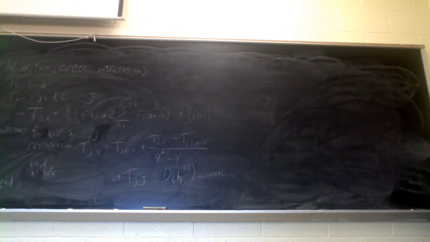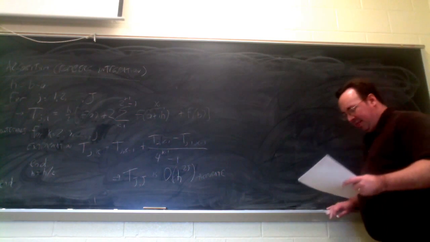Okay, so you can do this as many times as you want to get whatever order of accuracy you want. So J is something that is given. Capital J is. Capital J, right? Yes, you choose that. Okay.